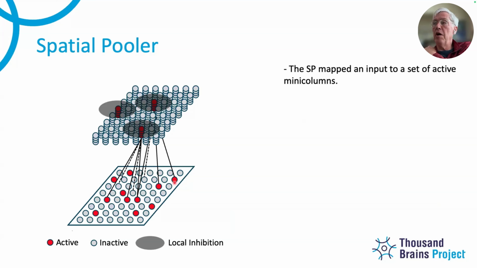And mini column activations are not terribly sparse. If I have 1,500 mini columns, there might be 100 active or something like that. It's not as sparse as when we refer to an SDR, like a 2% sparsity. These might be like 10% sparsity, something like that. And it's an activation of mini columns.